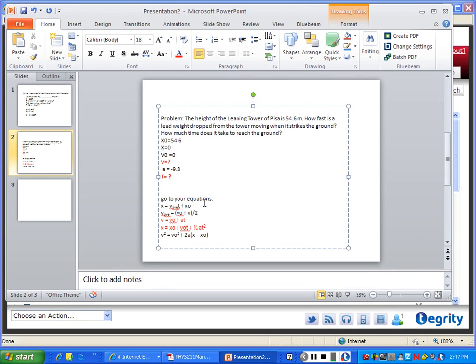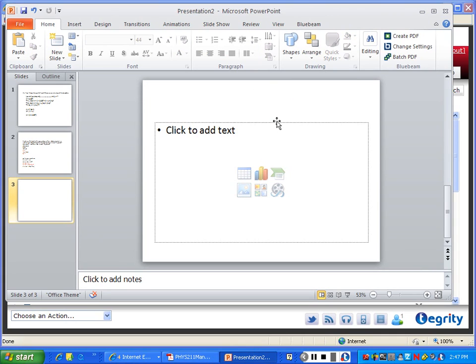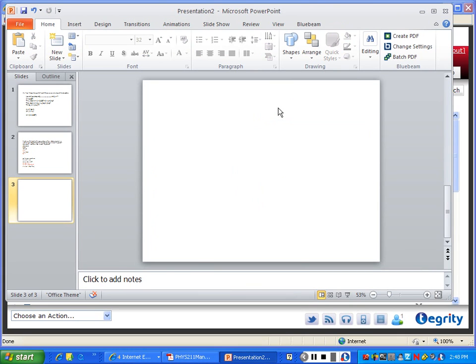Let's see what else. I'm kind of done with that problem. Let's take a look at the next problem, in which a man throws a baseball straight up at 25, how high will it rise? Aren't we doing exactly the same thing except we're moving in the opposite direction from the previous problem? You're throwing it up so it's got a positive starting velocity instead of a 0 velocity, but it rises, and at the point of its maximum height it has no speed, right?